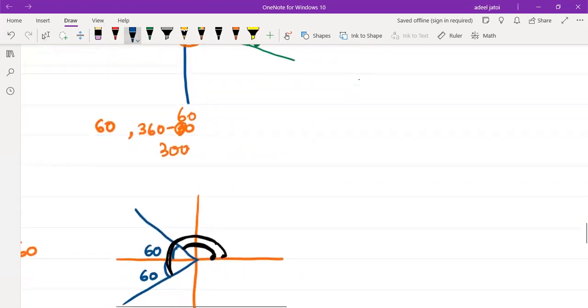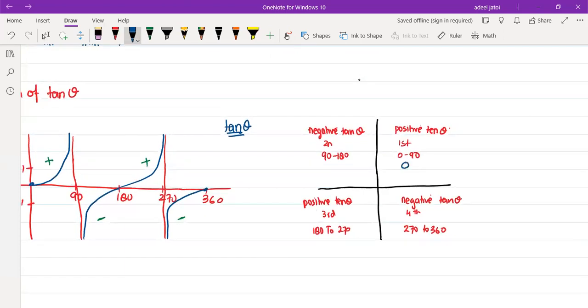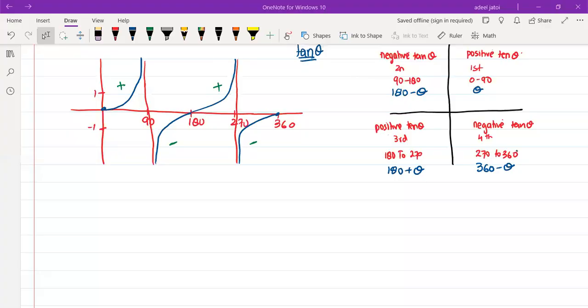Similar way, when we did tan, here even your first quadrant is theta. Your second quadrant needs to be 180 minus theta. Your third quadrant needs to be 180 plus theta, and the last quadrant needs to be 360 minus theta. So are you guys with me on this? Do you have any issues, concerns?